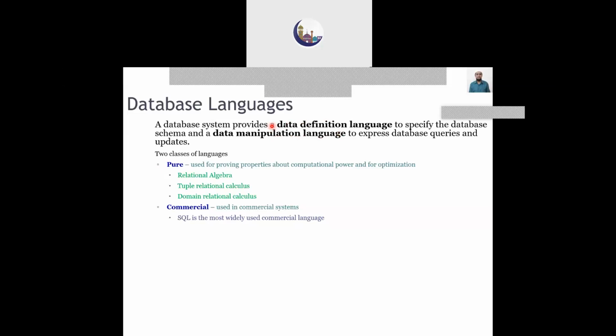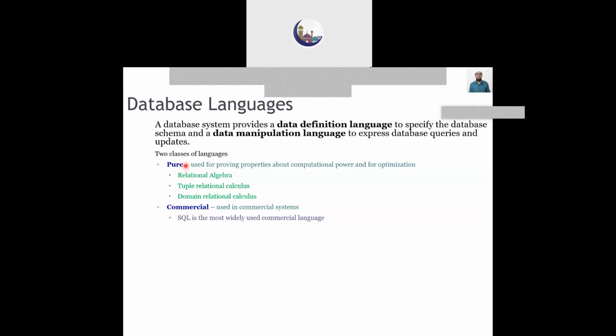Secondly, there are certain classifications among those languages from the perspective of whether they can be used free of cost or whether they are commercial. If we can use them free of cost, they are called pure languages. If we have to pay for their usage, they are called commercial.